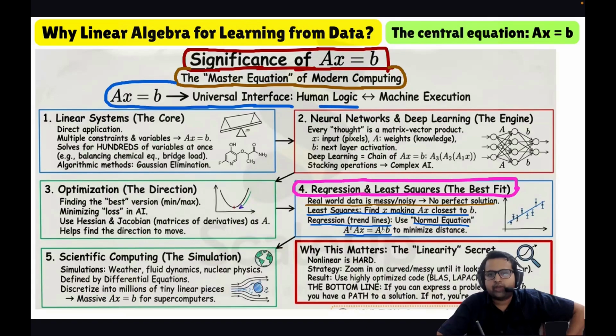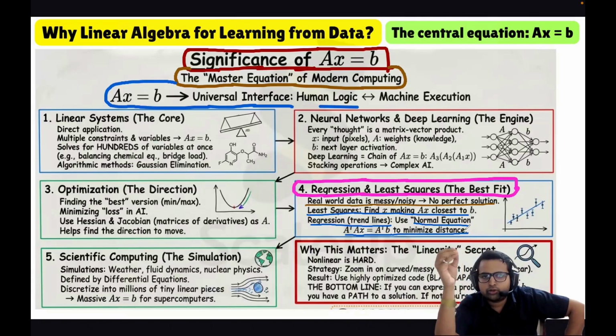We call it the normal equation, and we make use of it to minimize the distance. So now it's very clear that the master equation Ax equals B has a role to play in least squares and also in linear regression.